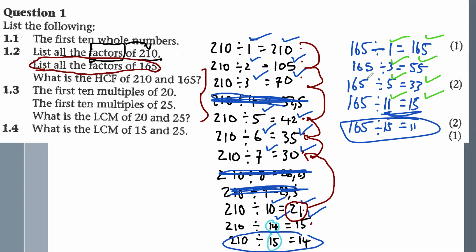Now, let us check. Before we decide on the highest common factor, let us first write down the common factors. In other words, let us write down factors that appear for both 165 and 210. Obviously, 1 is one of them, but 2 is not. 3 will be the second, okay?